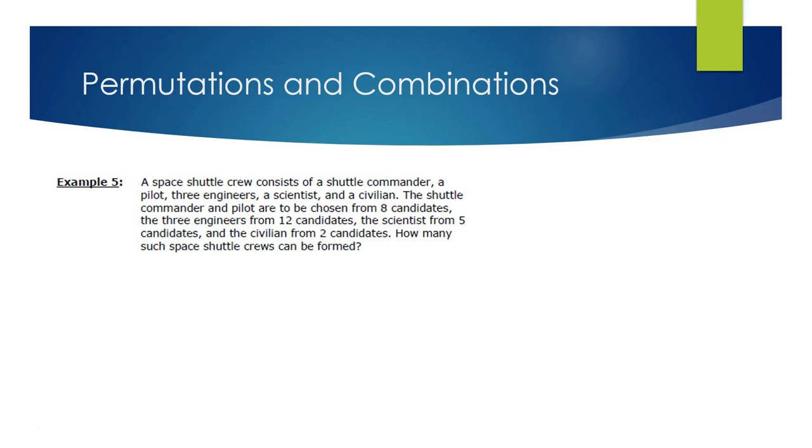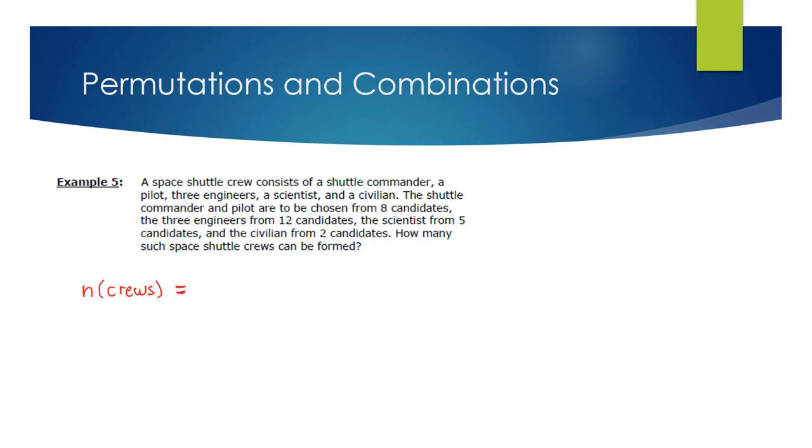For the 3 engineers, I just have 3 engineers. We're not saying it's a lead engineer and other things, like payload engineer. Sometimes they do designate like that, but we're just saying 3 engineers. So if I select the 3 engineers, it doesn't matter which order I select them. If it's the same 3 people, it doesn't matter which order I name them. As far as the scientists and the civilians go, basically all I'm going to do is consider how many candidates there are. And that's going to be the possibilities for them.